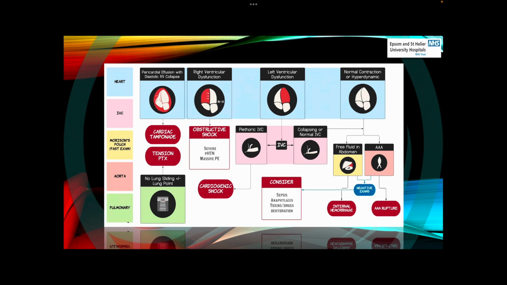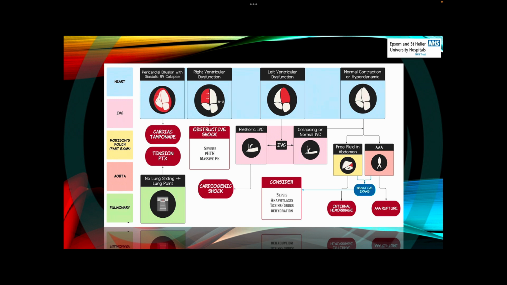For example, check the heart. Is there any fluid around the heart? That means the patient has cardiac tamponade. If there is any increase in right cardiac strain, it means there is an obstructive shock.